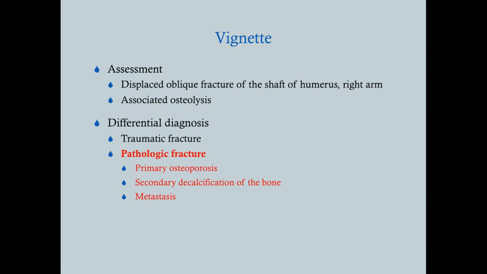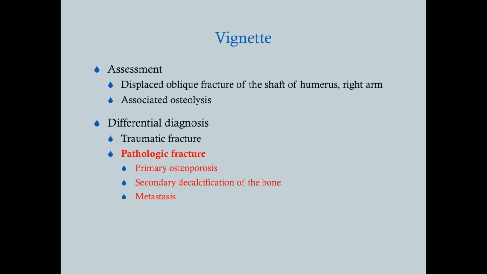So what about secondary decalcification of the bone? Probably, because he's got lytic lesions. But lytic lesions can also be from metastasis. That is a possibility. You can also get decalcification from cancer that's not metastasized. But it's probably not metastasis because he has no history of cancer. But we can't rule it out.